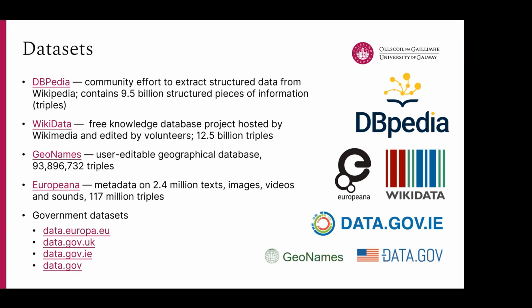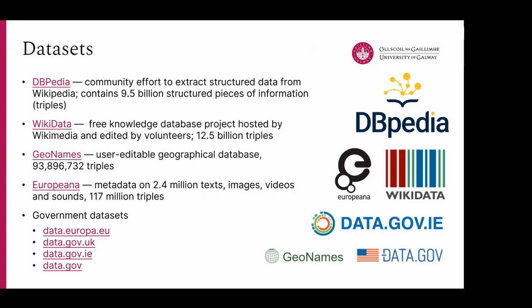DBpedia contains 9.5 billion structured pieces of information, and these structured pieces of information or statements are called triples. We'll talk about this notion a bit later in more detail. Wikidata is even bigger now, and these are general purpose, general domain knowledge bases.